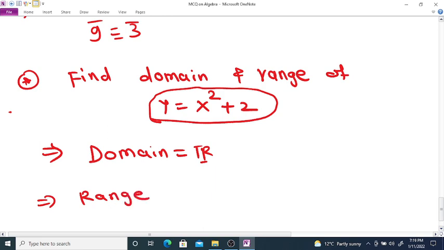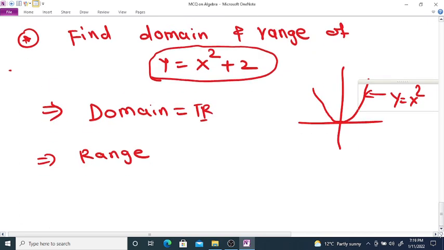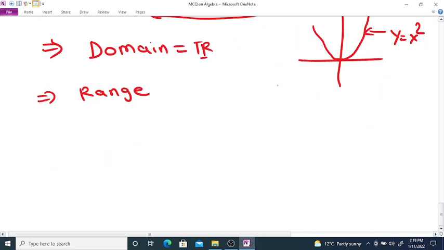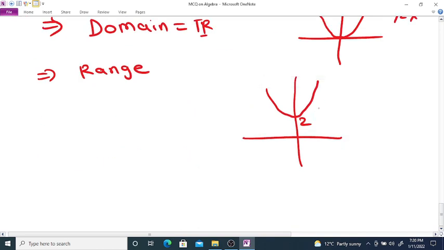this is the graph of y equal to x square, so for the graph of y equal to x square plus 2, we shift this graph up by 2 units. So this is the graph of y equal to x square plus 2. So the range is 2 to infinity.